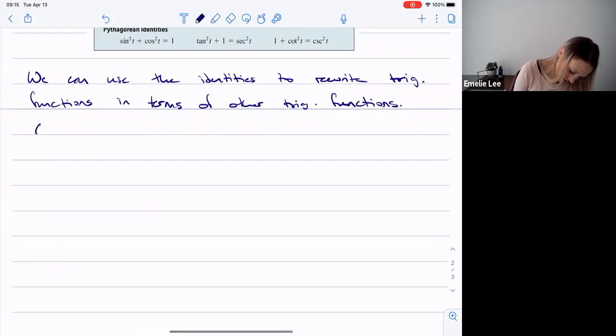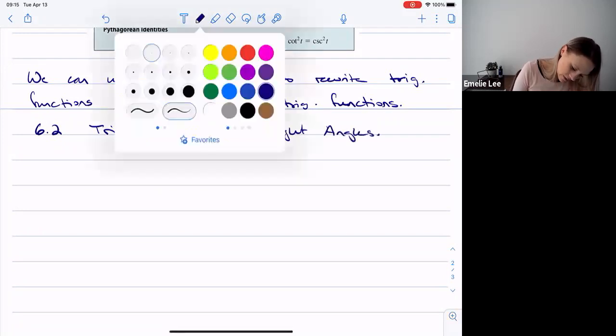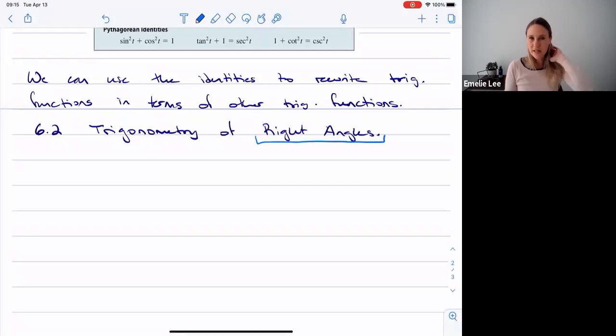Let's start section 6.2 because I've got a page break there. I just want to start on a new page here. 6.2 is called the trigonometry of right angles. A right angle is one with a 90-degree angle in it.